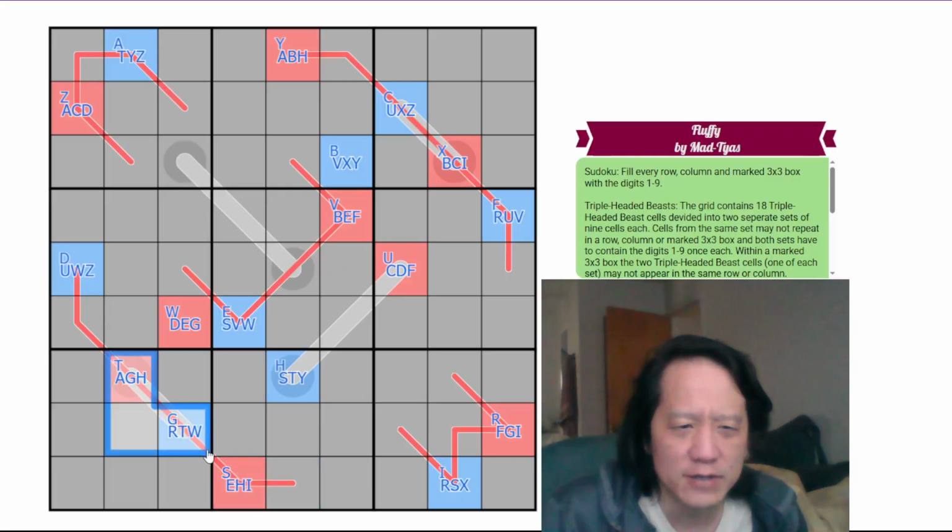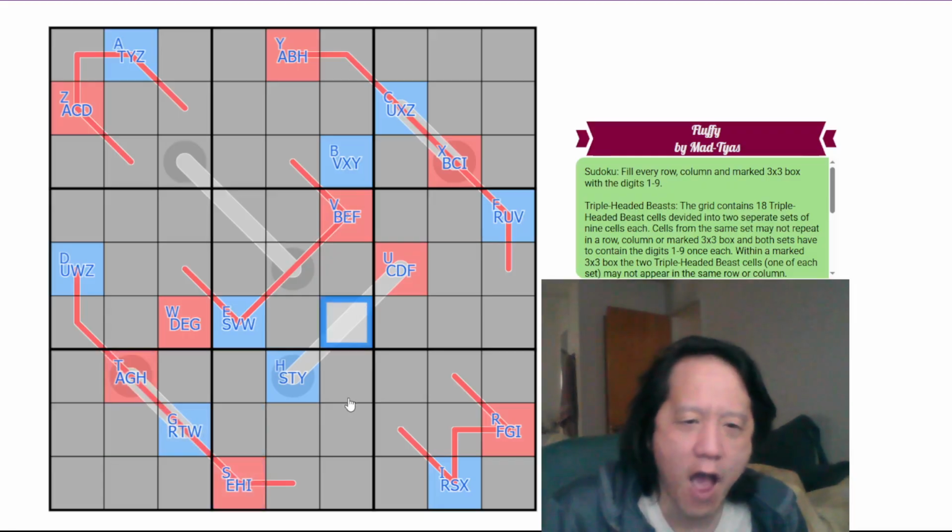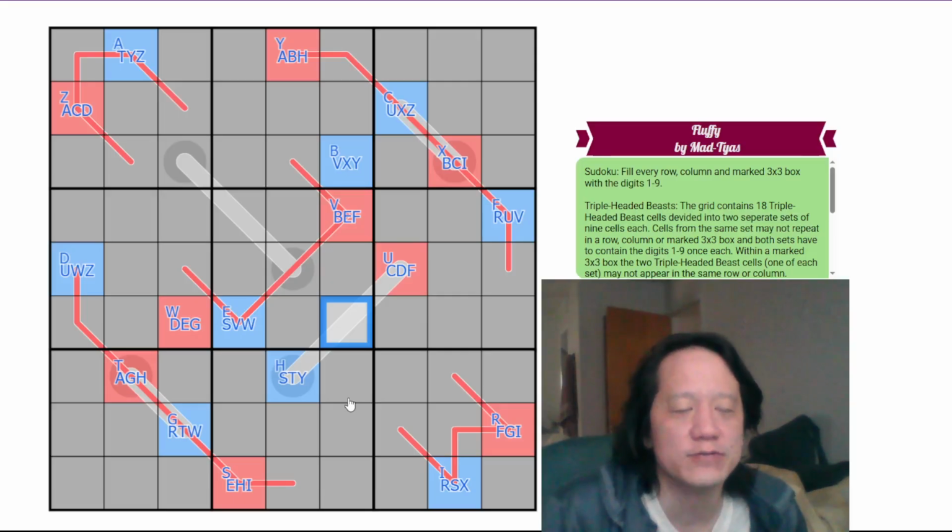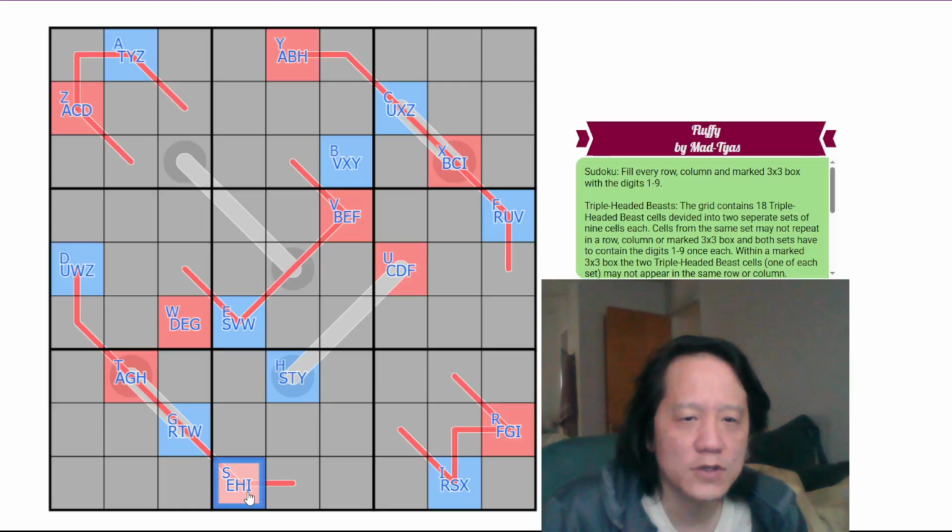I found an elegant way of showing why this had to be a 9. Or not elegant, but it made a lot of sense. We know S and V are 1, 2, and 3.